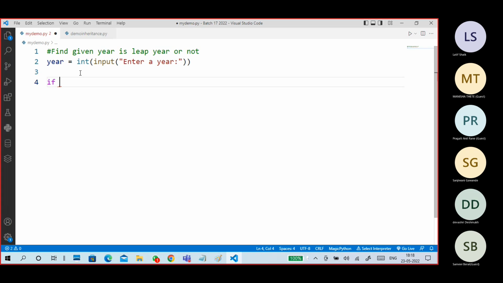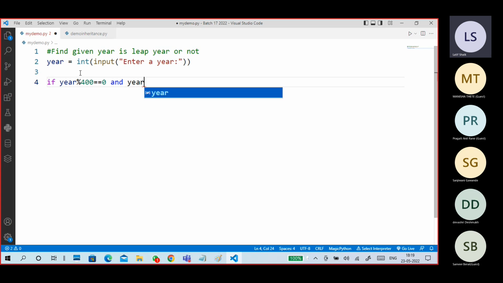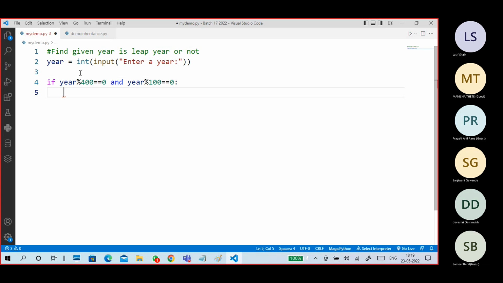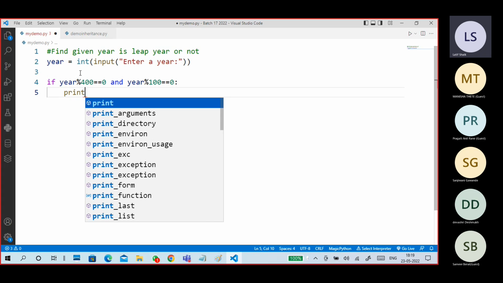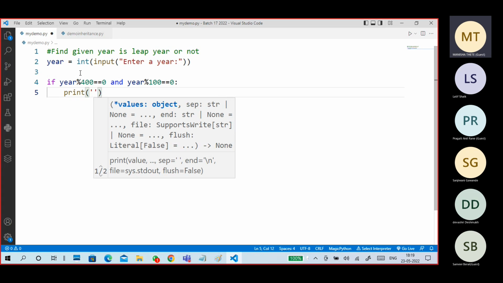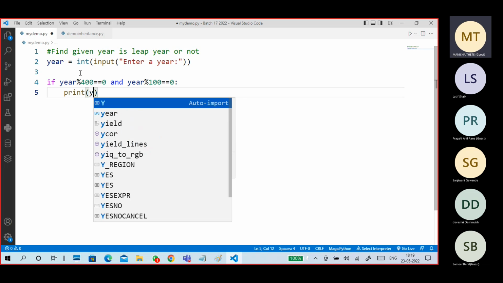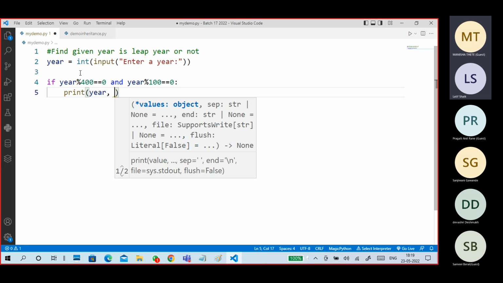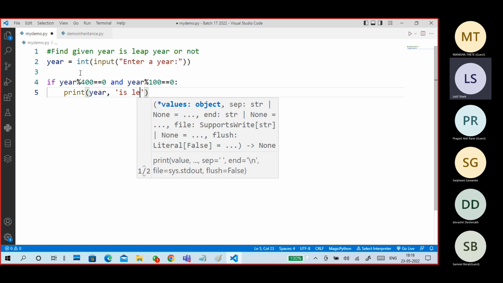If year percentage 400 equal to 0, and logical operator, year percentage 100 equal to 0. Then print year is leap year.